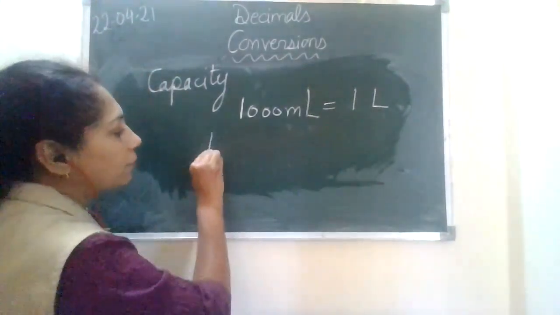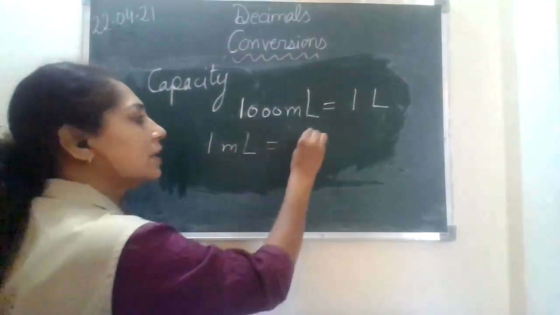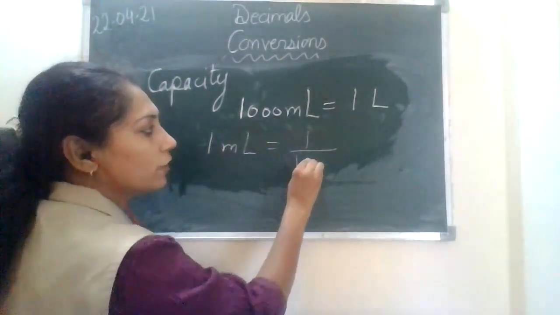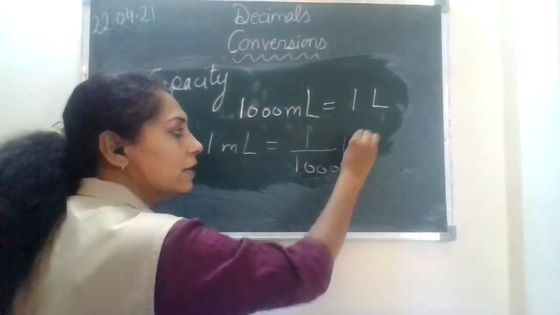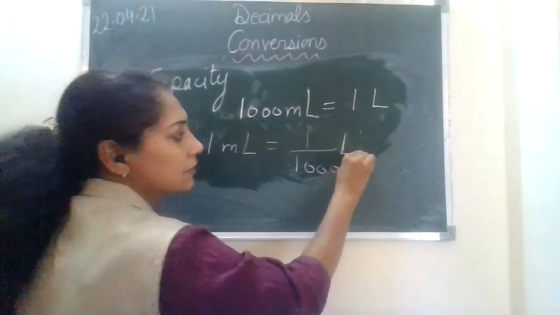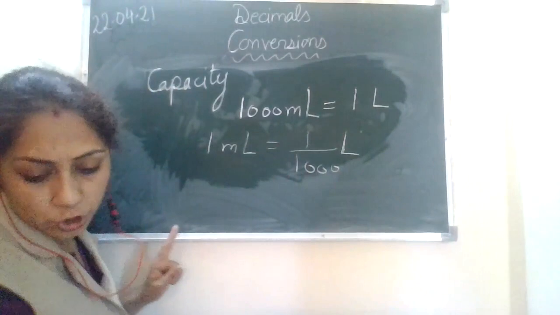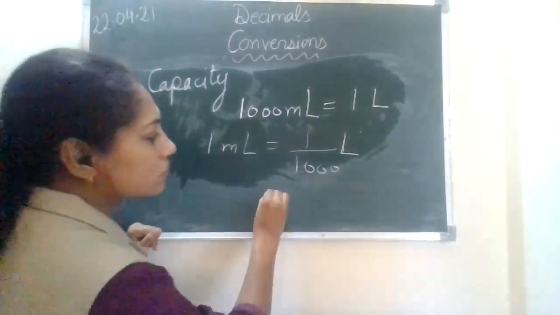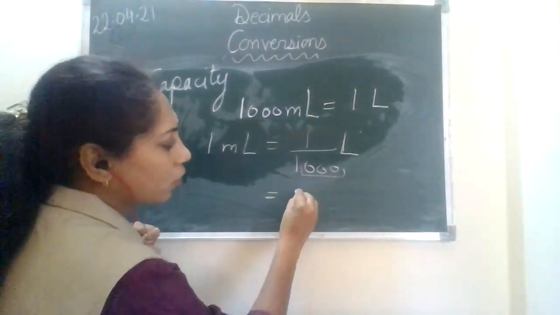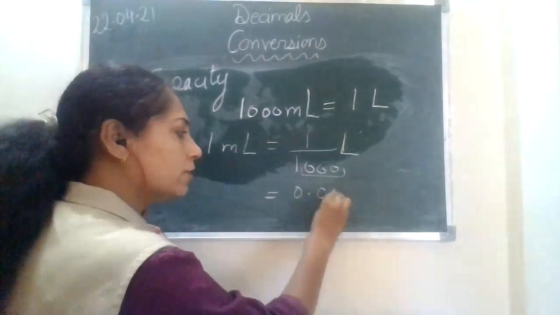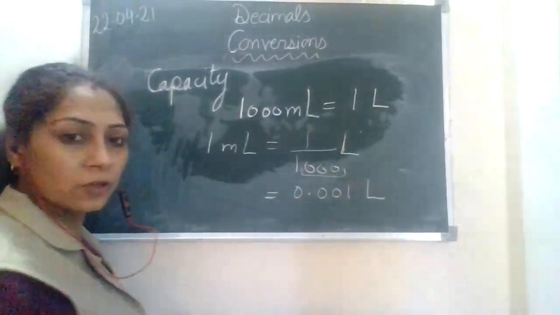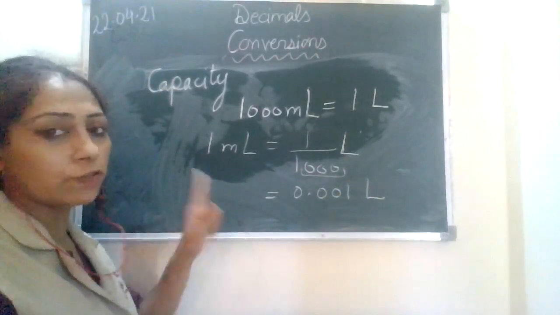If I ask you 1 milliliter, again the pattern is the same. You will make a division, it becomes smaller, so it will come as a fraction like this, in liters. You can write this with 3 zeros, or you can say 0.001 liters. This is the conversion for your capacity.